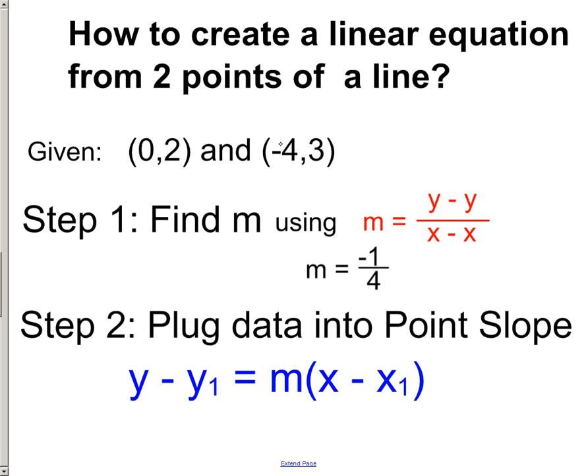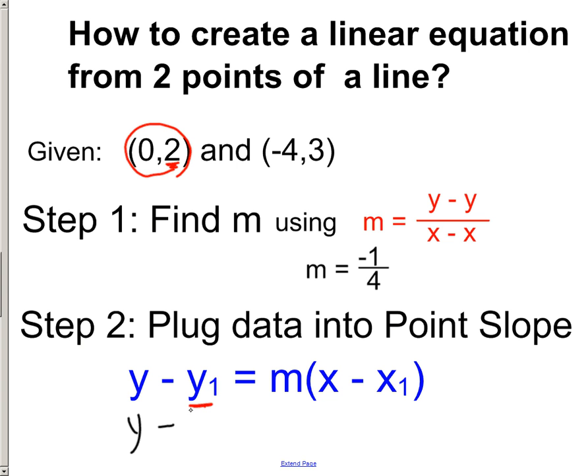Now, it does not matter which point that you use, but you have to make a decision which one you want to do. I always advise use the one that's not negative and use the one that has a 0 whenever possible. So this y stays the same. That minus sign must stay the same. Now, this y1 means we're going to come up to the point we chose, and we're going to choose its y value.